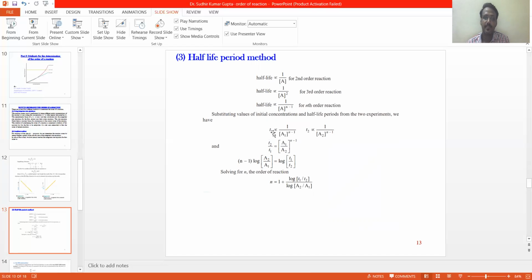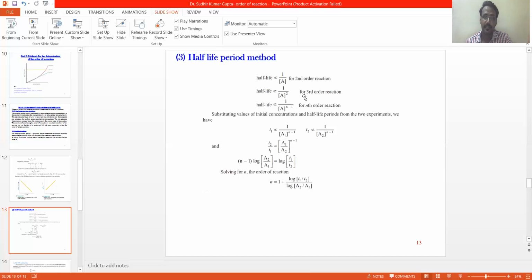Here by T1 we are representing the half-life time for any reaction with initial concentration A1, and T2 is the half-life time for the same reaction with initial concentration A2. So for second order reaction, we have seen half-life is proportional to 1 upon a. For third order reaction, it is proportional to 1 upon a square.